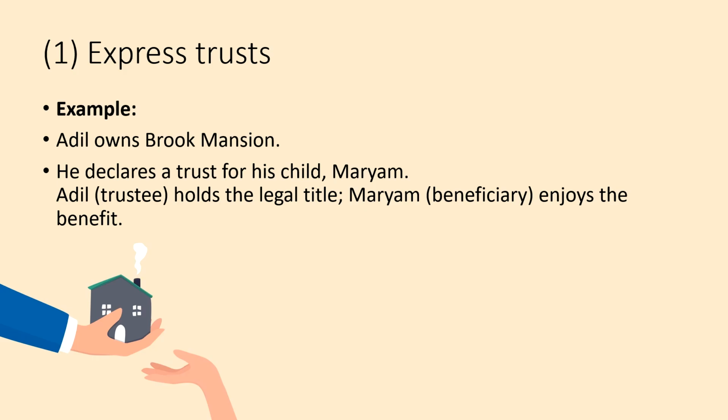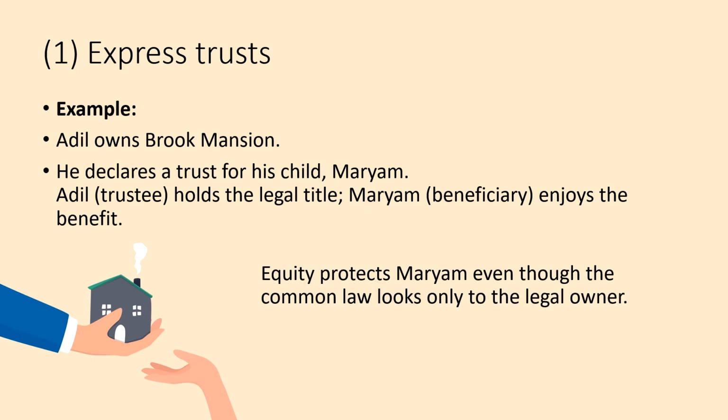So I will give it to someone else who then holds it on trust till Mariam is old enough to actually claim the full ownership and enjoy the full benefits of the property. So even though Mariam isn't technically the legal owner, because she probably can't until she reaches 18, she is still protected in equity.